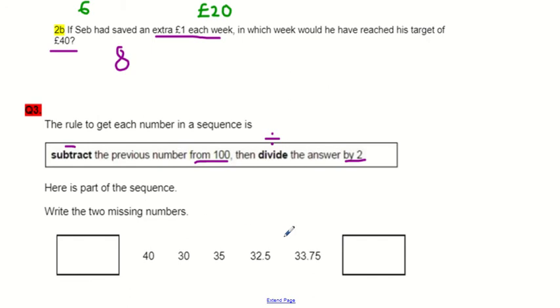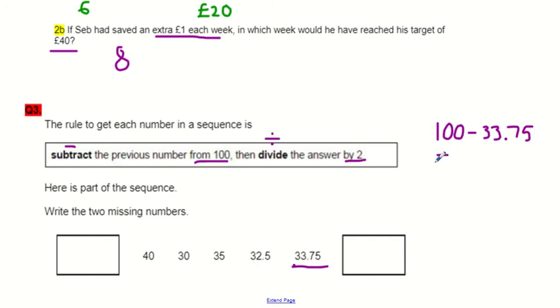Okay, so if I'm looking at this missing number first, this is the previous number, 33.75. And it says I need to subtract the previous number from 100. So I need to do 100 subtract 33.75.